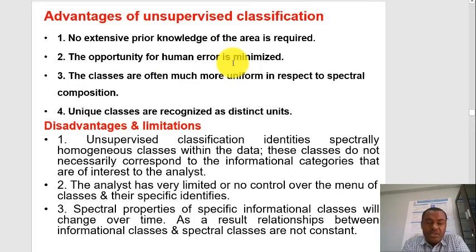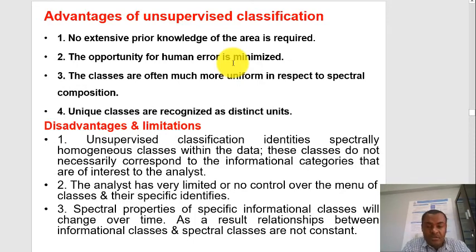The other advantage is the classes are often much more uniform with respect to spectral composition, since the computer uses its statistical algorithms to create clusters, so you get much more uniform classes. Another advantage is that unique classes are recognized as distinct units. If a unique class is created, the computer puts it as a distinct class.